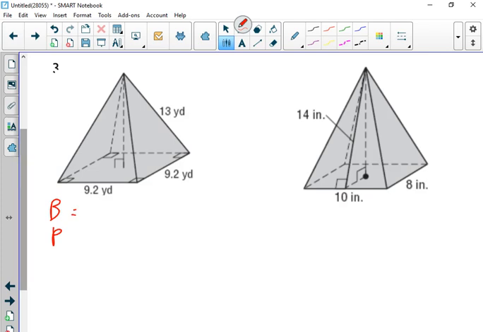Well, the area is going to be 9.2 squared, 84.64. The perimeter is going to be 9.2 times 4. So that's 36.8.